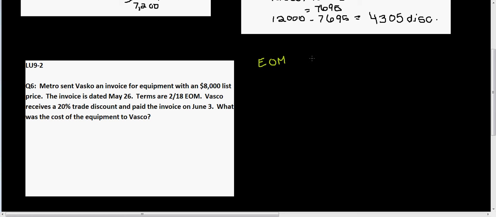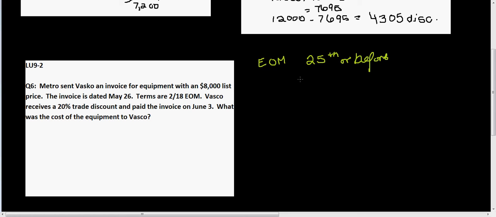If it is before the 25th of the month, 25th or before, then you get to take this 2% discount if you pay within 18 days of the beginning of the next month.